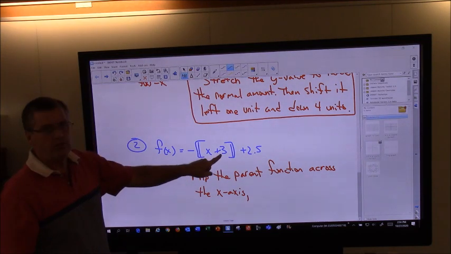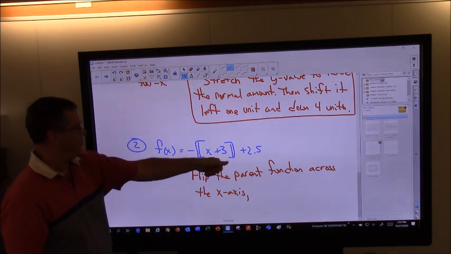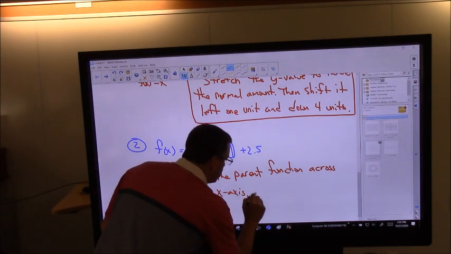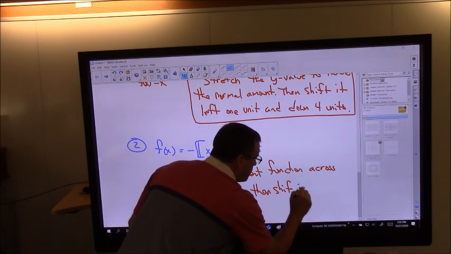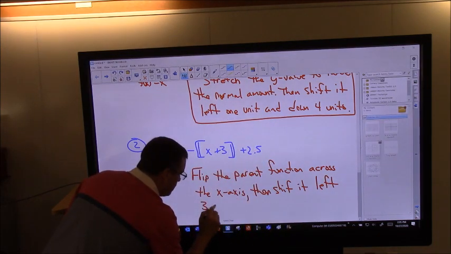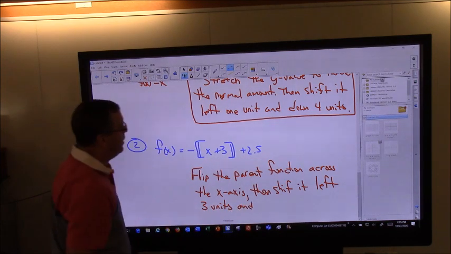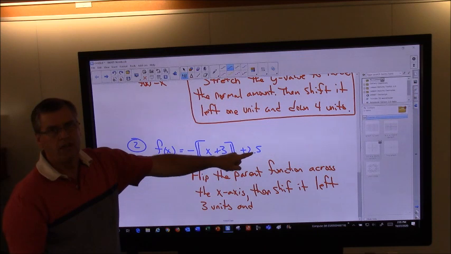Then I'm going to shift in the opposite direction, so -3, so I'm going to shift it left 3 units, 2.5 units up. I'm not trying to graph it.